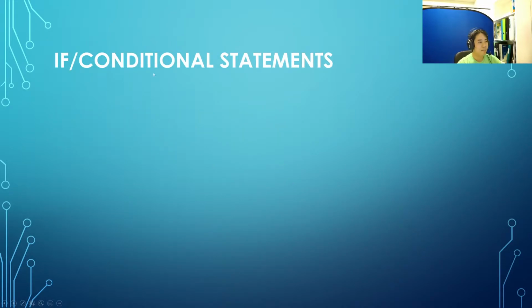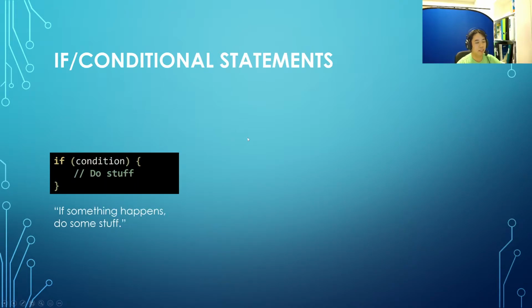All right. First, we have conditional statements. So if statements, as I call them. We have the basic if statement that takes in a condition, and you have a code block that contains all the stuff you can do if this particular condition is fulfilled. So in other words, if something happens, you do some stuff.